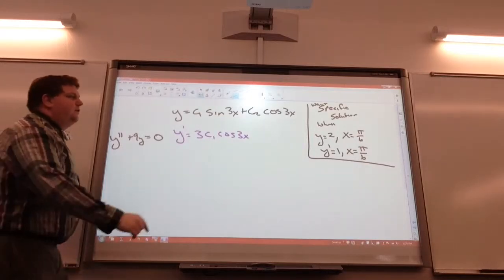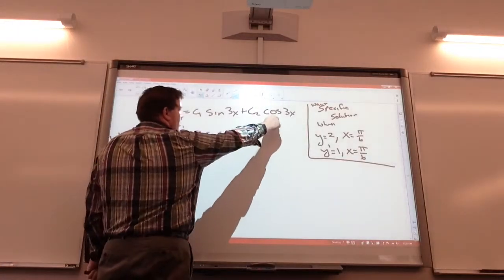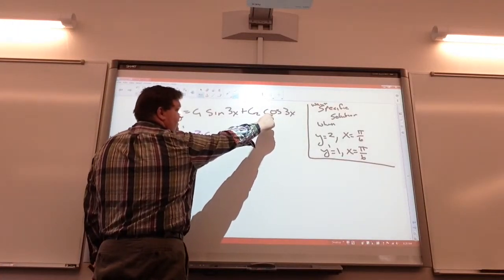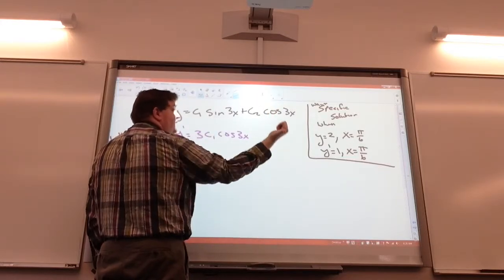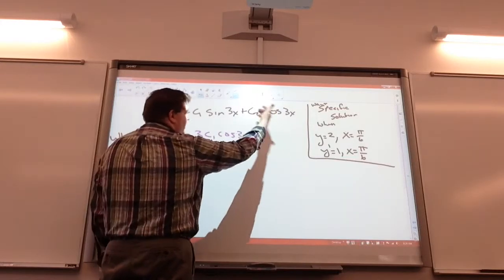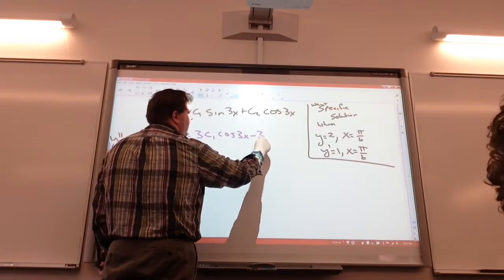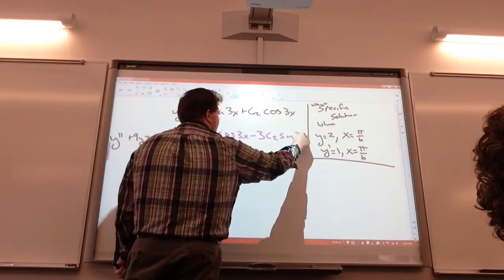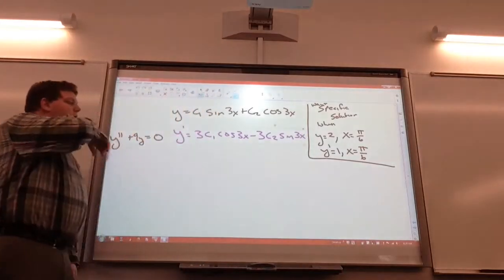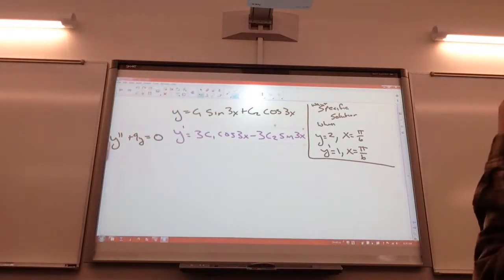The same thing goes for this side over here. What's the derivative of the cosine of 3x? Negative sine of 3x times 3. And when we put it in here, it becomes minus 3 c2 sine of 3x. That's our first derivative.